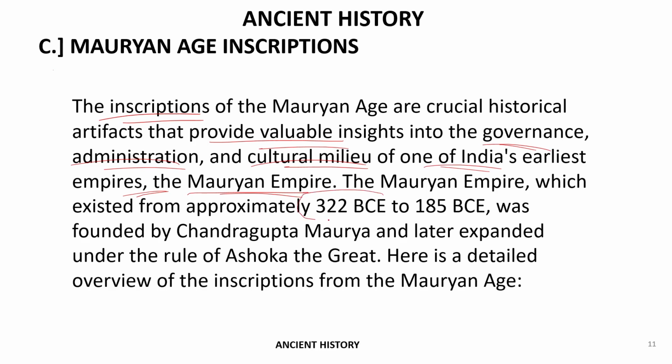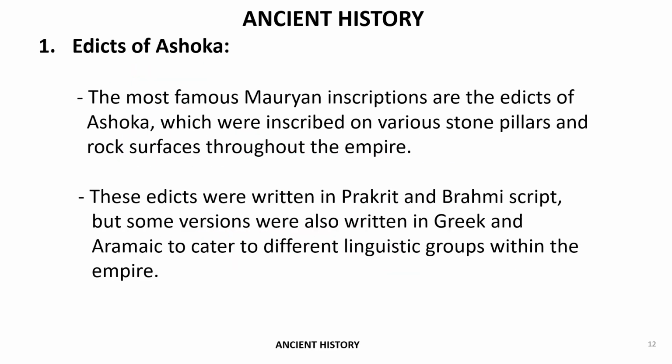The Mauryan Empire time period we have already discussed: it was founded by Chandragupta Maurya, and the great ruler was Ashoka the Great. The Mauryan age inscriptions deal particularly with Ashoka. Got it? Let's move forward.